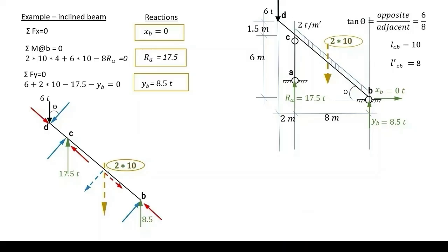So we have DB making an angle theta with the horizontal. The perpendicular to DB and the perpendicular to the horizontal, which is the vertical, also make an angle theta between them. So we have this angle theta for each load.